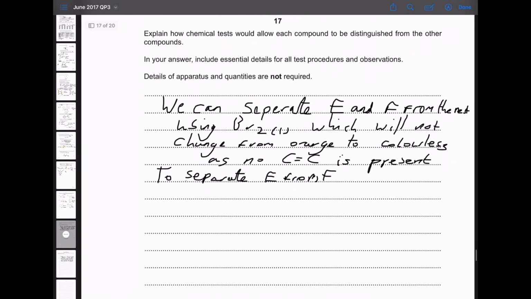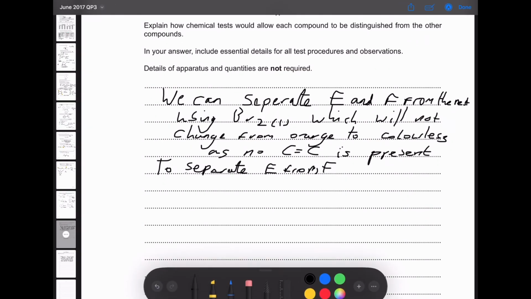To separate E from F, use acidified potassium dichromate, K2Cr2O7/H+, which will turn from orange to green.